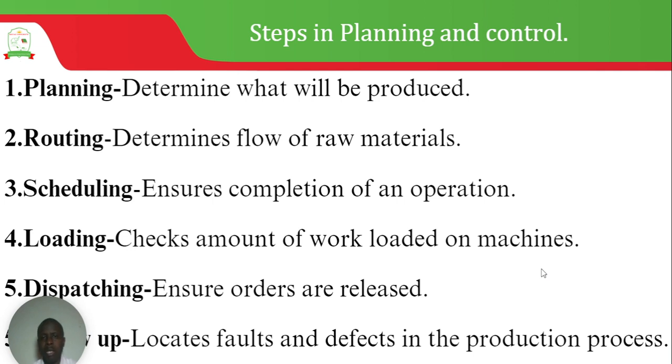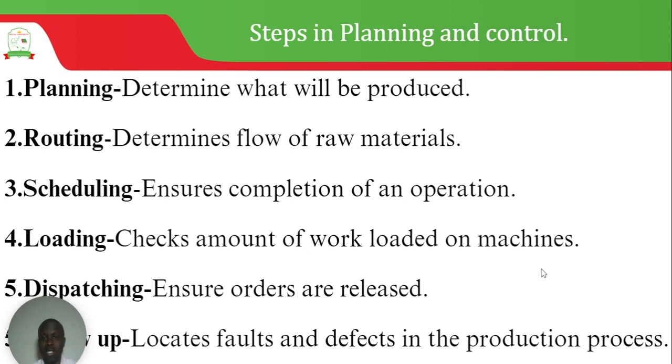And then step number three, in planning and controlling, we will have scheduling, and this involves ensuring completion of an operation or completion of a production activity. And the other one is loading. In this particular step, we check the amounts of work loaded on the machines. We do not want to overload our machines because we are depending on them.